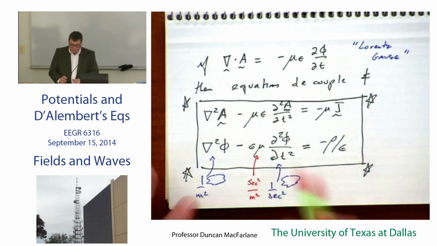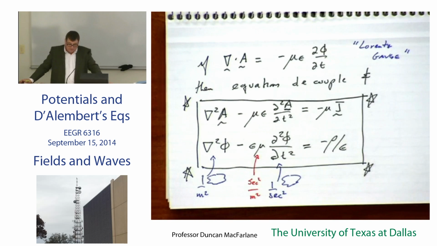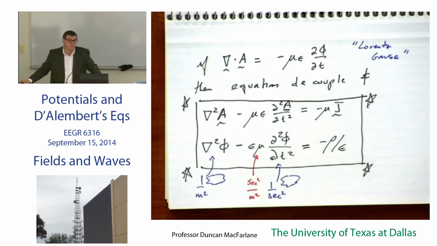So this guy here is like a 1 over a velocity squared, has units of epsilon and mu. And so if you ask if we indeed have waves, how fast are these waves moving? It's moving at 1 over the square root of epsilon mu.